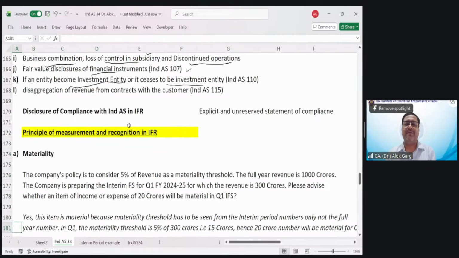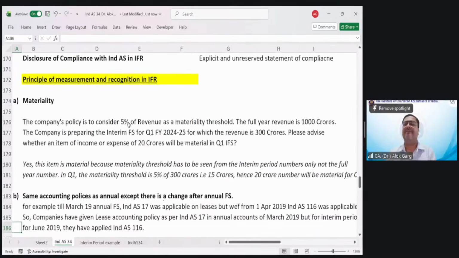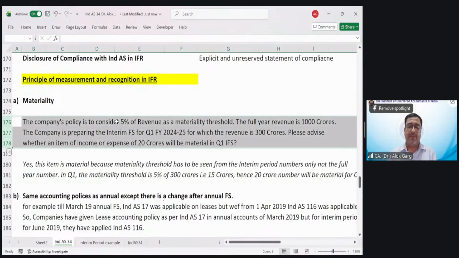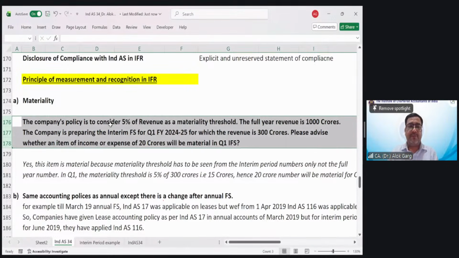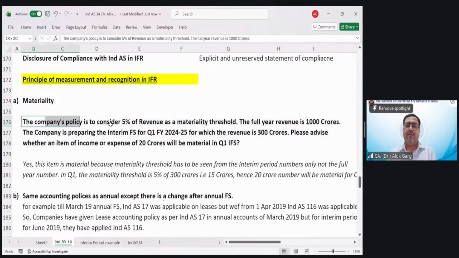Now, what is this principle? Let's understand with the help of this example. The company's policy is to consider 5% revenue as a materiality threshold, right? So what is the company policy on materiality? The company's policy is to consider 5% revenue as a materiality threshold.